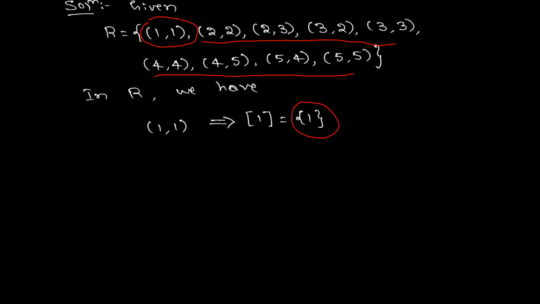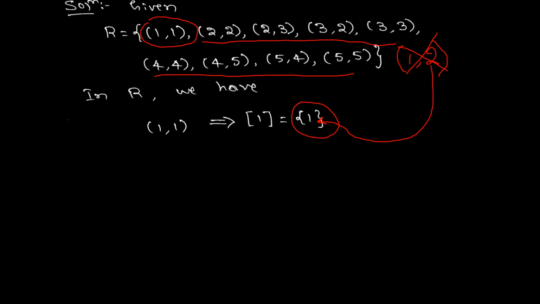If we had another pair, say (1, 2) or (2, 1), then we would have to take 2 inside the set too, but we don't have any such pair, so it is a singleton set.